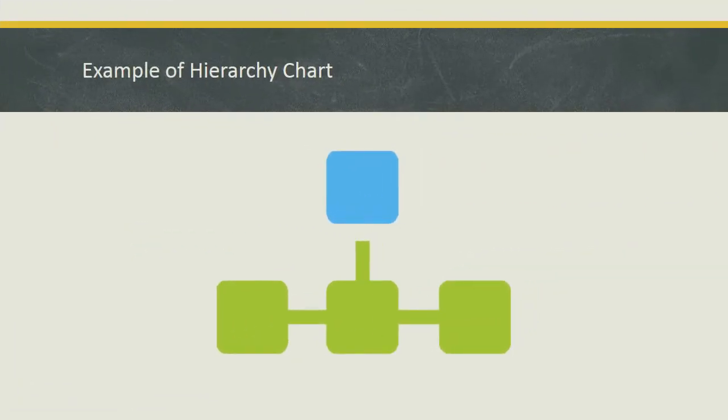So here is an example of a hierarchy chart, and let's just take a laser pointer here and let's see. So the blue part right here would signify the problem. So there may be an overall problem right here, and this is the visual format of how it would be done.